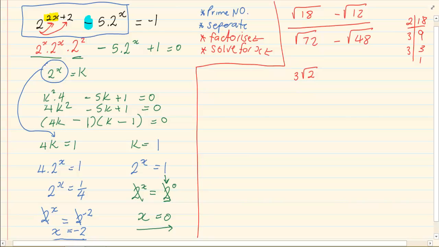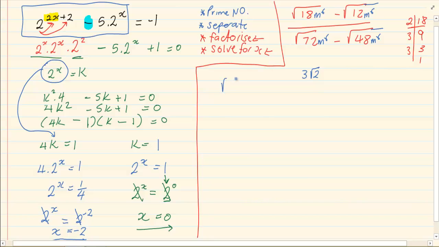Now let us make the question a bit more complicated. Let us put m to the power of 6 to every value. Okay, so for 18, we would have had 3 root of 2. But how do we do m to the power of 6?